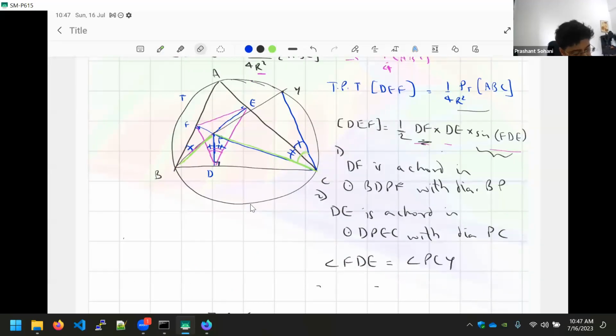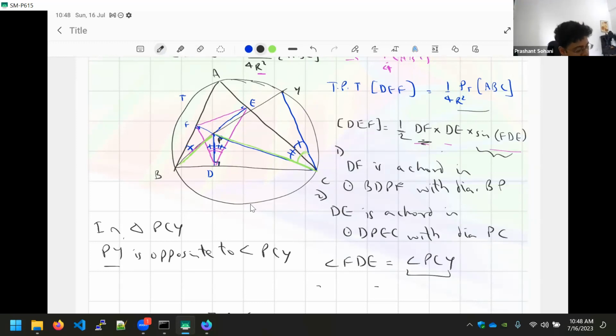But one thing, do you notice this angle PCY, which we are writing? What is the line segment opposite to PCY in triangle PCY? Do you see that segment PY is opposite to angle PCY?